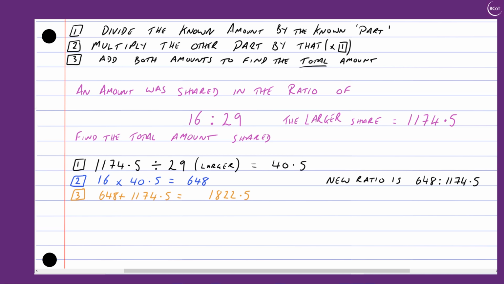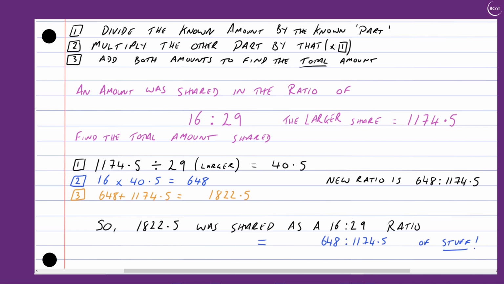So it's 648 to 1174.5 if you wanted to write out a new ratio. So 1822.5 was shared as a 16 to 29 ratio, and that relates to this amount of stuff, 648 to 1174.5 of stuff.